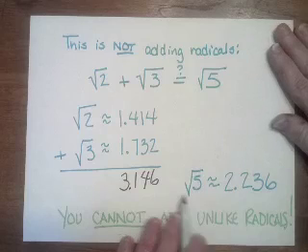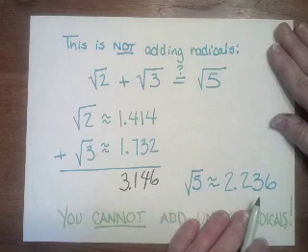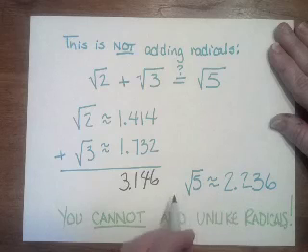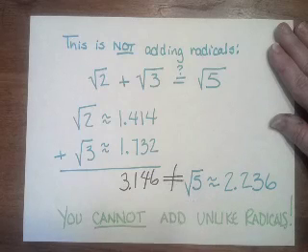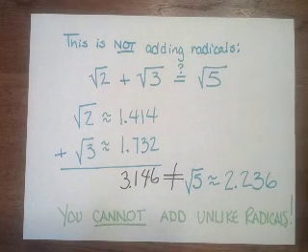However, if I put the square root of 5 into my calculator, I get 2 and 236 thousandths. So they are not equal. So you're not adding. And definitely this also shows us that you cannot add unlike radicals.